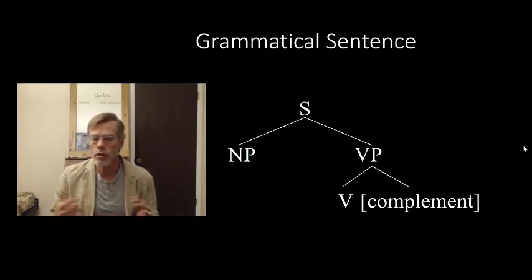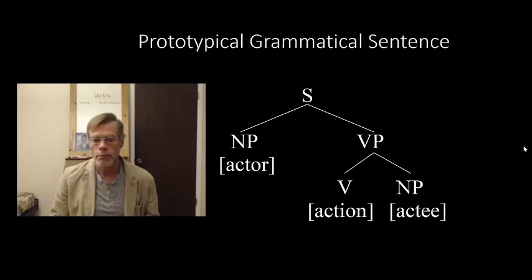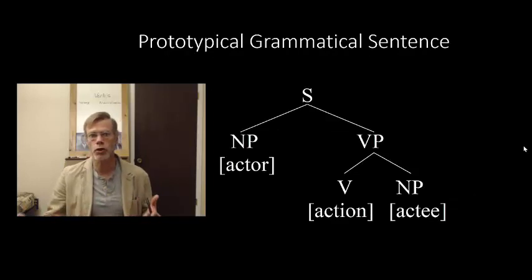All right, now that's just about the form of a sentence, not about the meaning of the sentence, not about what we fill those positions with in terms of what they refer to. But we can also think about what a prototypical grammatical sentence looks like.